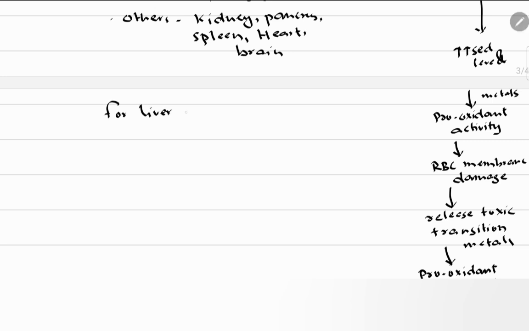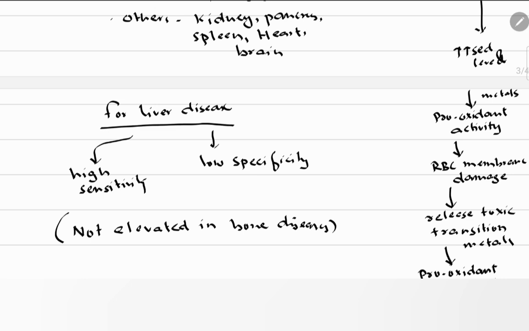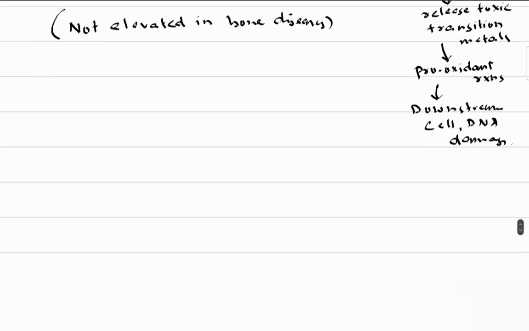For liver diseases, elevated GGT levels have high sensitivity, but the specificity is low. And it should be noted that GGT levels are not elevated in bone diseases. It may help in distinguishing whether the disease is secondary to cholestasis or due to bone diseases.